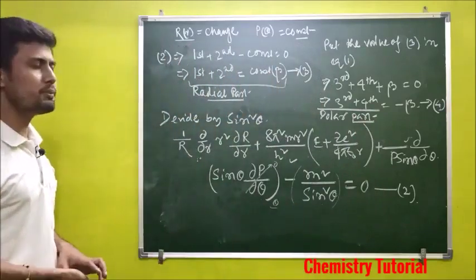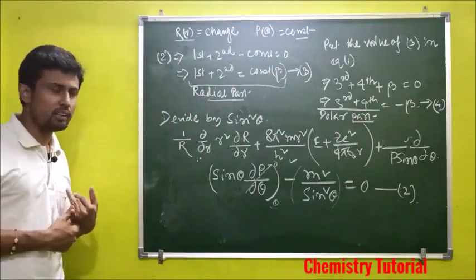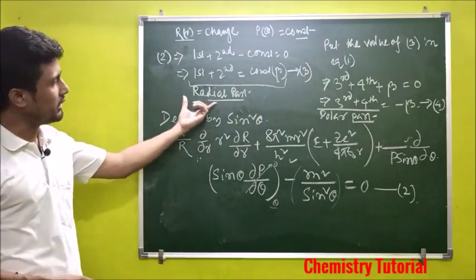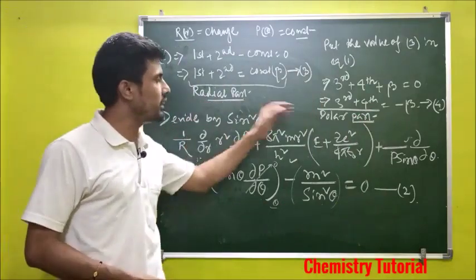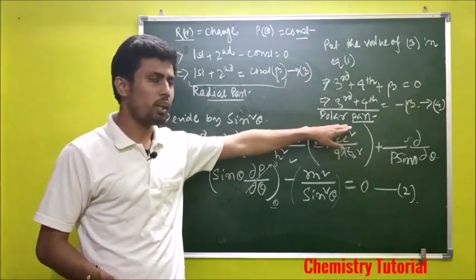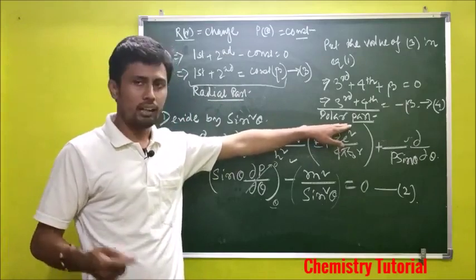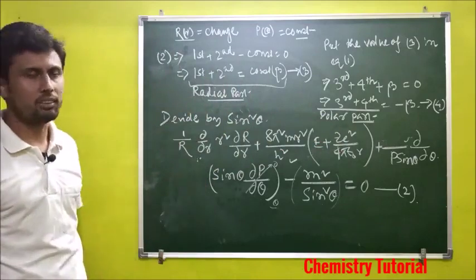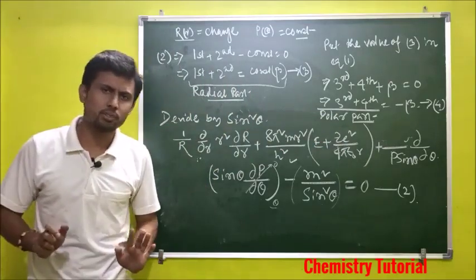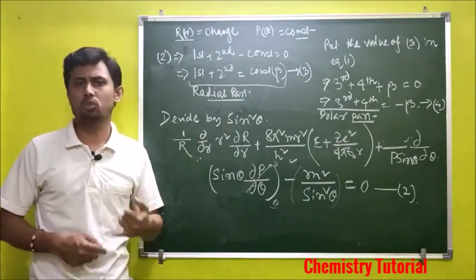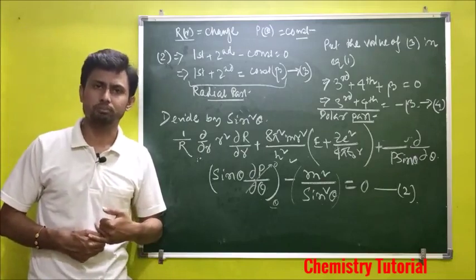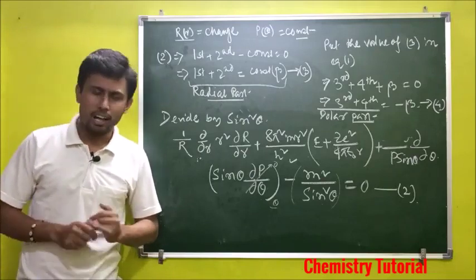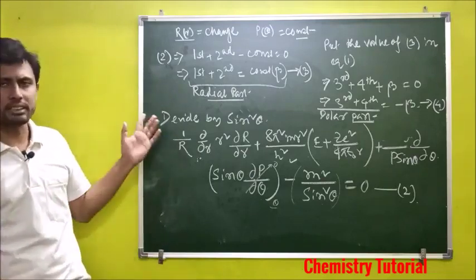So we have got 3 differential equations. One is azimuthal, and the other one is radial, and the other one is polar. Polar depends upon theta, the azimuthal depends upon phi, while radial depends upon r. These are the 3 differential equations we derive from the Schrodinger equation of hydrogen atom. In this video, I will not discuss the solution of these 3 equations.